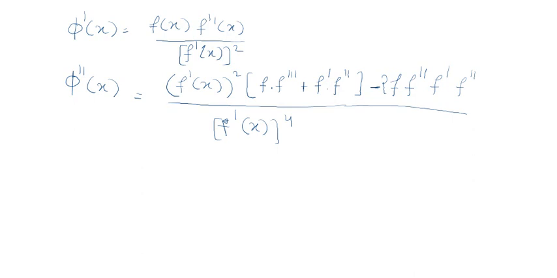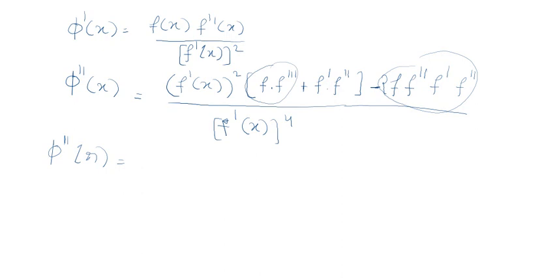Okay. Now evaluate the double derivative of phi at r. Since f of r is 0, this term will go 0 and this term will also go 0, right, because f of r is 0.